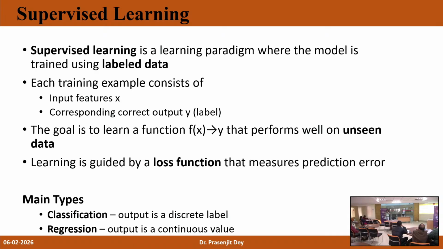Now that error we have to minimize, and when the error becomes 0, I will always predict the correct y value. That is the objective of supervised learning, and there are two types of learning: classification and regression.